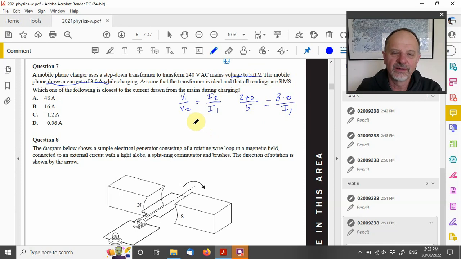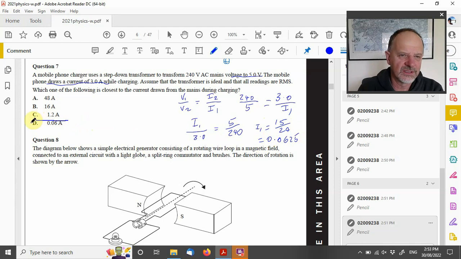And so the current that we're after, 5 on 240, if we turn over both sides, is 3 times 5, 15 over 240, and when you figure that out with your calculator, 0.0625 amps. D is the closest to that.